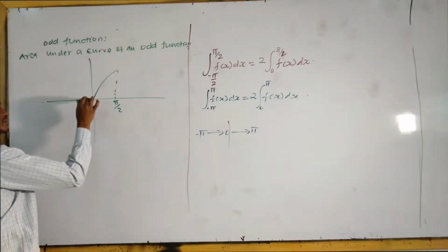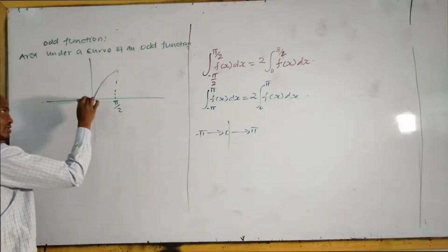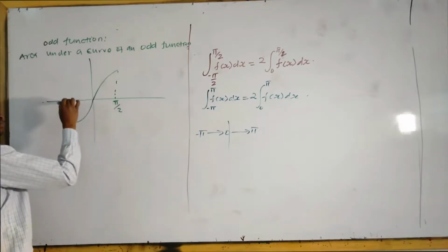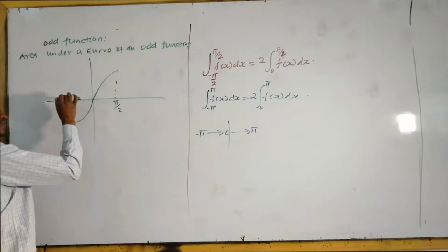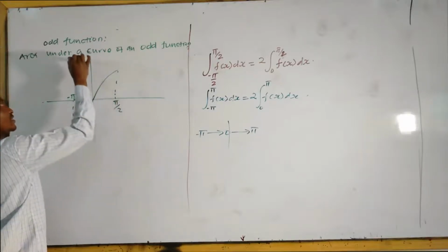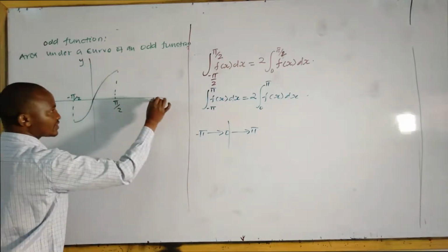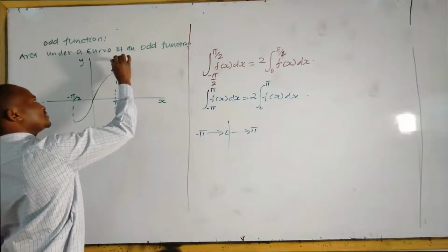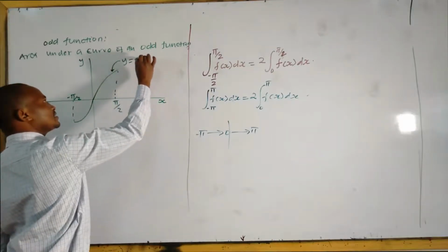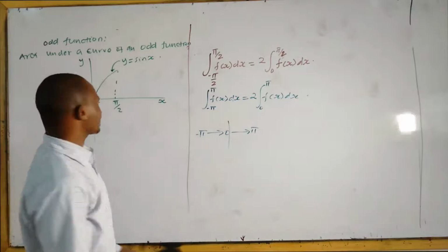This is 0. This is pi over 2. Negative pi over 2 is on the other side. This is the curve of y is equal to sine x.